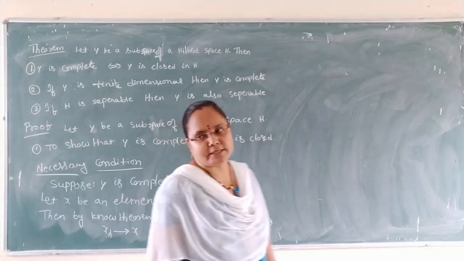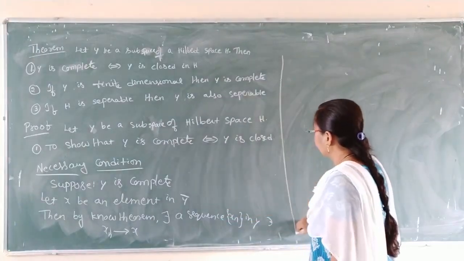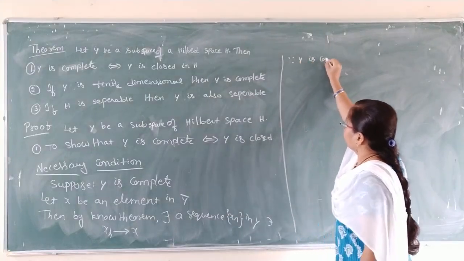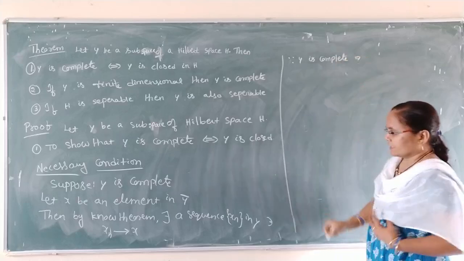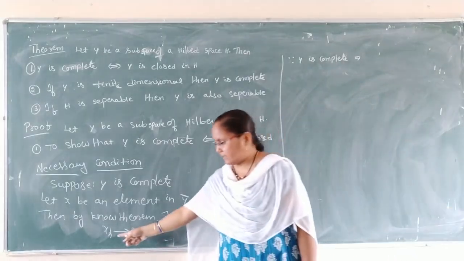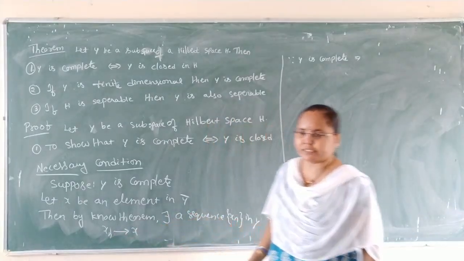Here we apply the since part. Since y is complete, by completeness a Cauchy sequence is convergent, so this sequence and its limit point both belong to the same set.